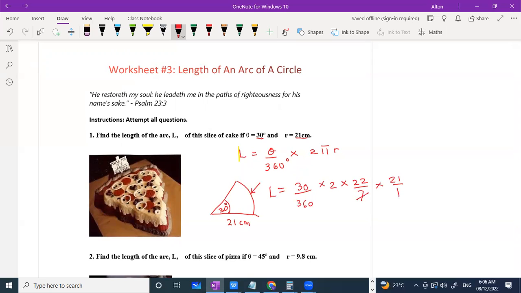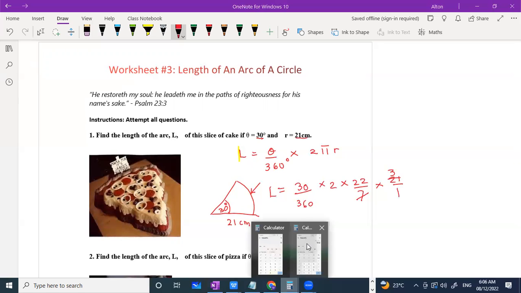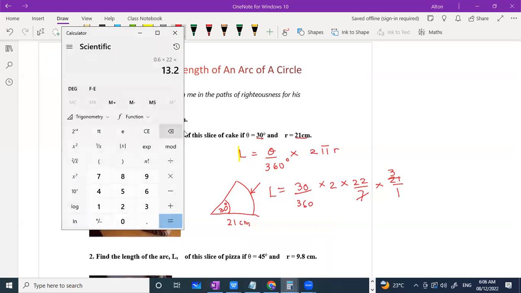So it's a good idea. We can use our calculator and work out everything there, but let's just break it down. 21 divided by 7 is 3. And let's work out that first part on the calculator. What is 2 by 22 by 3? That's 44 by 3.